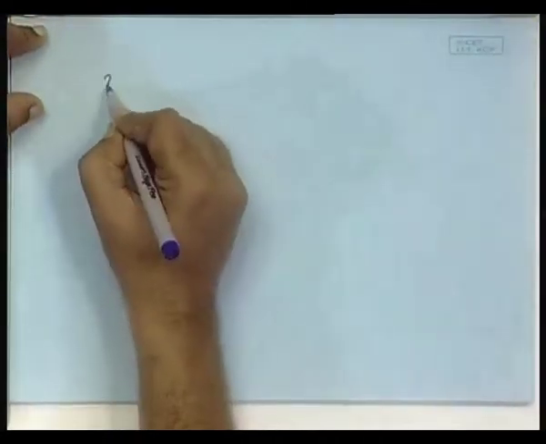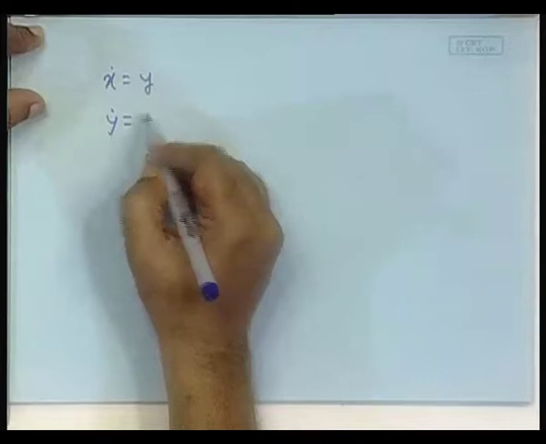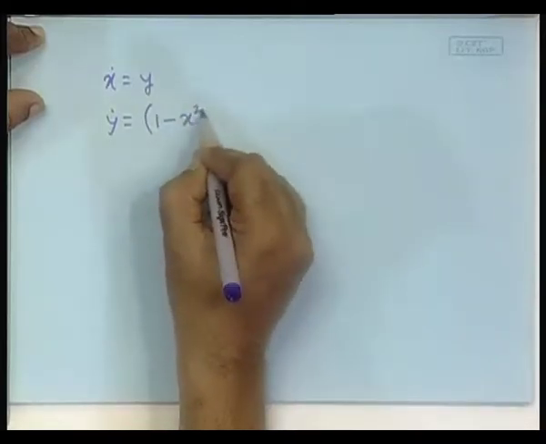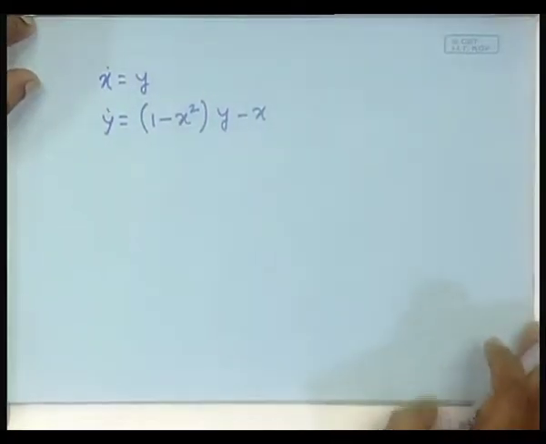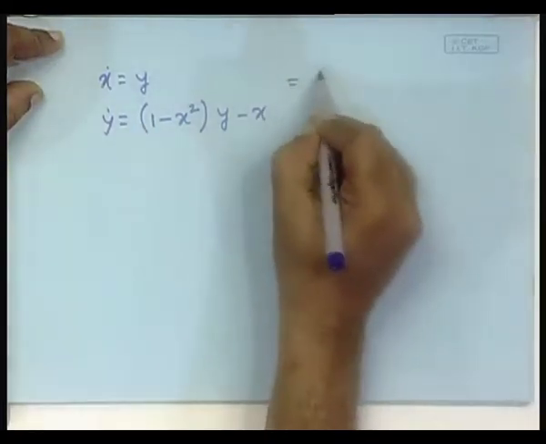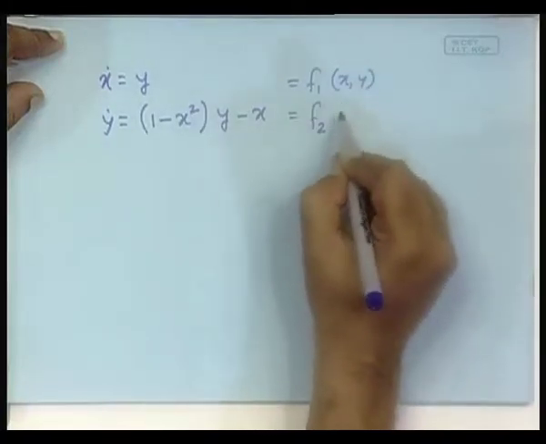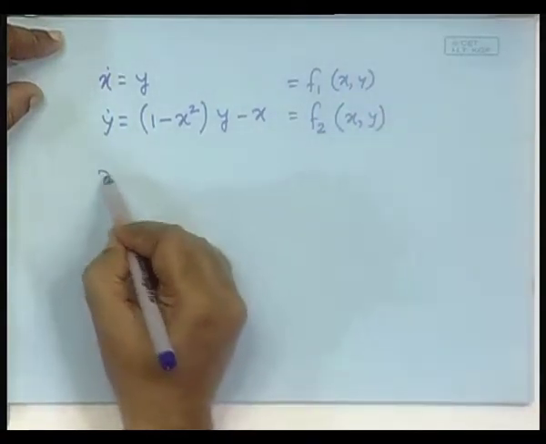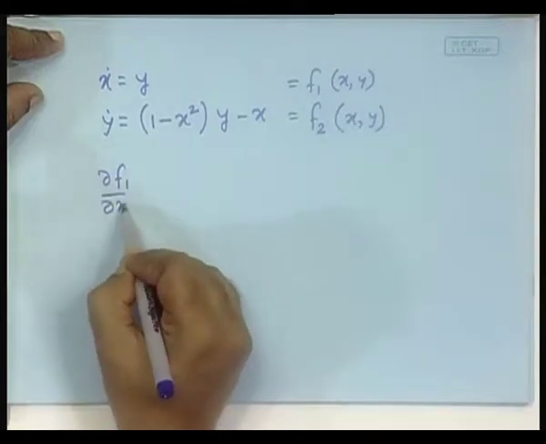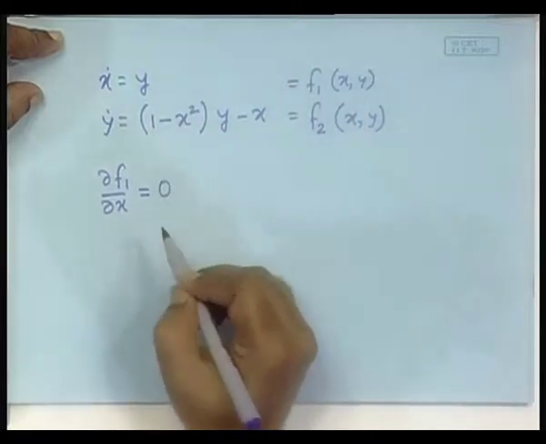So, you have x dot is equal to y and y dot is equal to (1 minus x square) y minus x. So, what will be the Jacobian matrix? This is our f1(x, y) and this is our f2(x, y). When I say dou f1 dou x, what is it? 0.